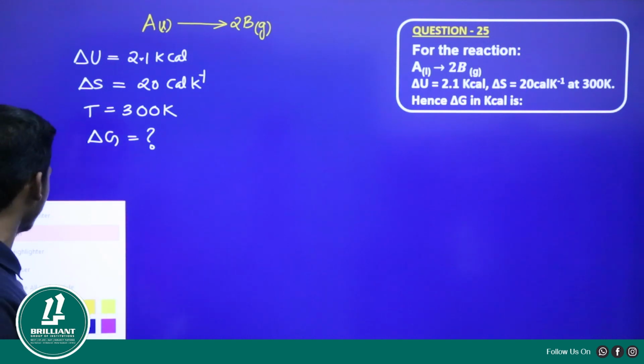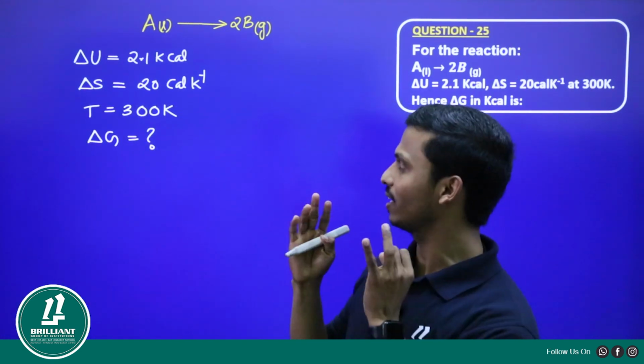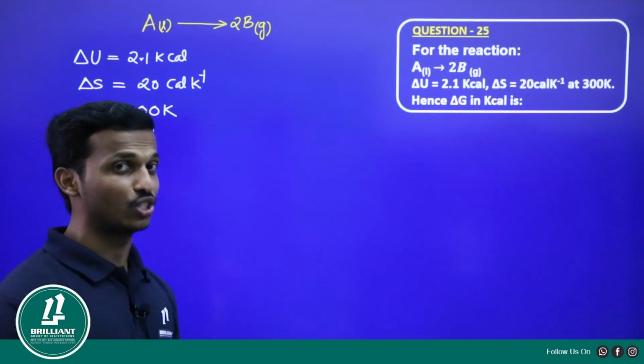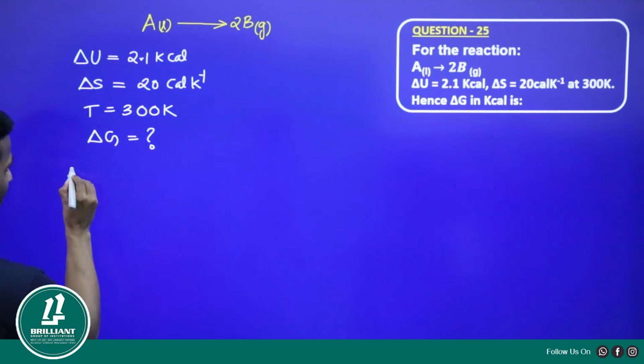Very simple question. Students, if they give internal energy and entropy, we have the equation to calculate delta G, that is the Gibbs-Helmholtz equation. What's the equation?